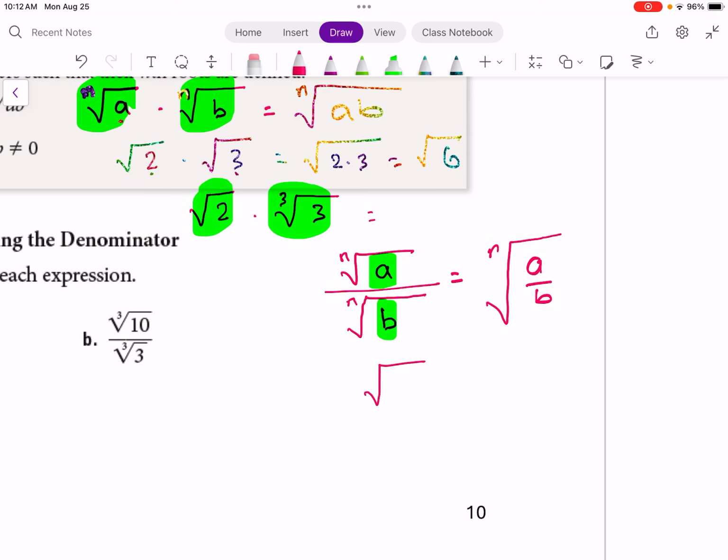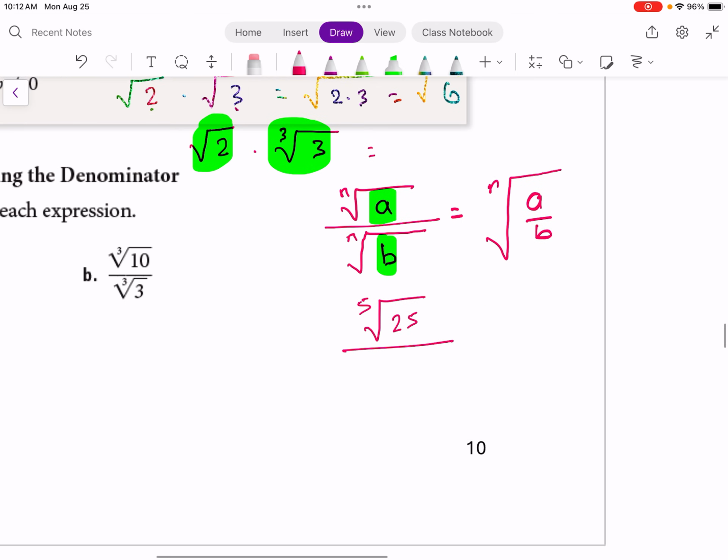Let's say we have fifth root of 25 divided by fifth root of 5. What is the one common thing in these radical expressions? Same index, right, which is 5. So 5 is the common index here.